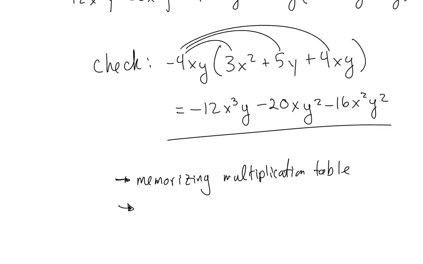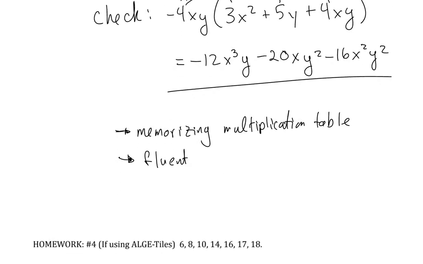Another thing is getting fluent with division facts. Sometimes we're really good at multiplication, but the backwards is a little bit more difficult. So these two things make it difficult if you don't have them right at the tip of your brain.